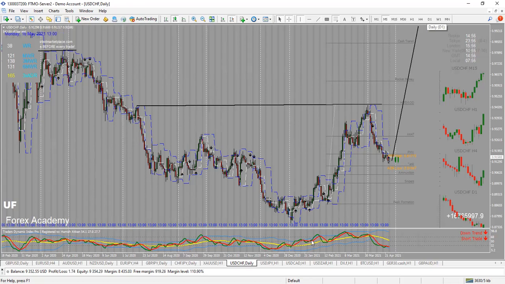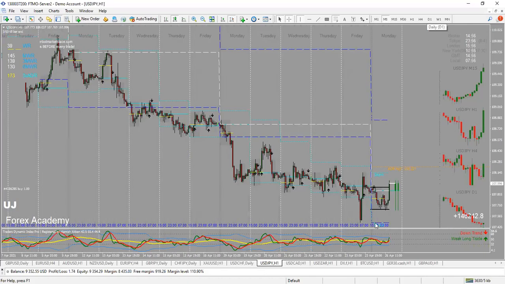And then USDJPY. Wow, this is beautiful, guys. And then let's see if we had an OTE on Friday on this pair. M15.